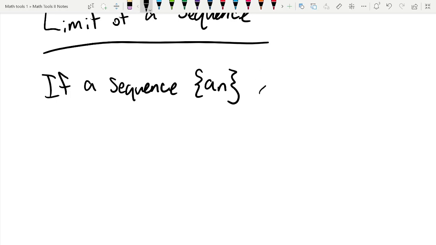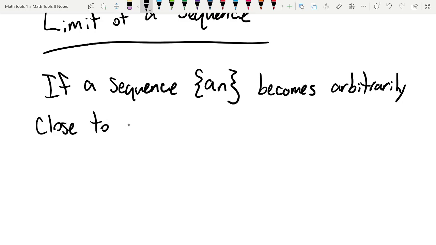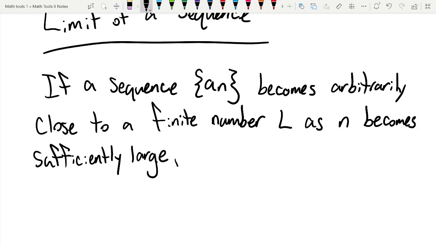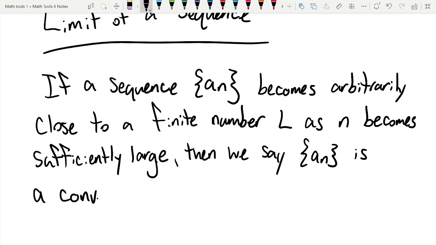If a sequence a sub n becomes arbitrarily close to a finite number L as n becomes sufficiently large, then we say a sub n is a convergent sequence.